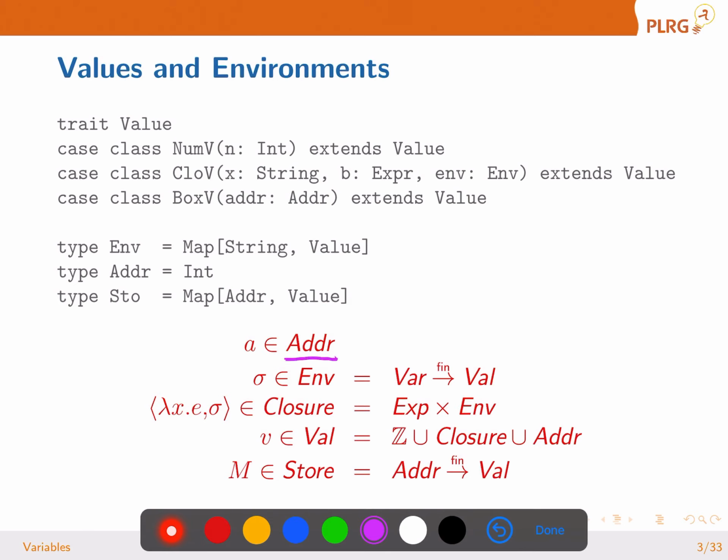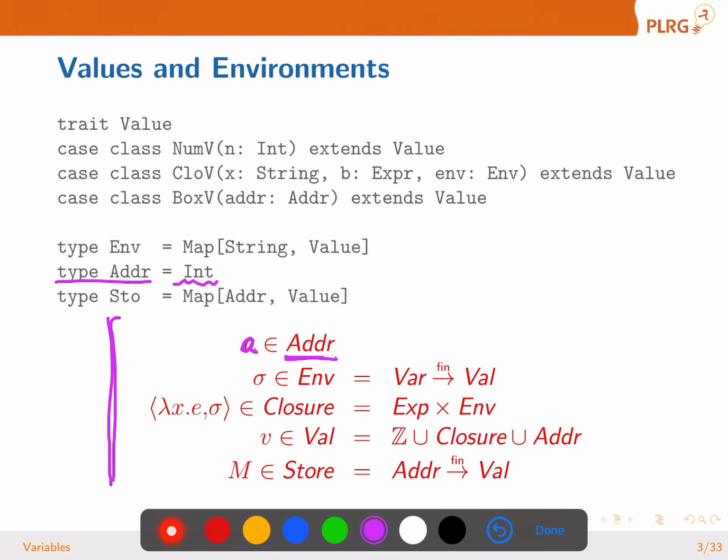Addresses, let's call them A for address, L for location, whatever you want to say. But in this notation, we decided to use A for address. In the Scala implementation, type address is actually integer, but we do not need to show that. We do not need to reveal that fact in this operation semantics.